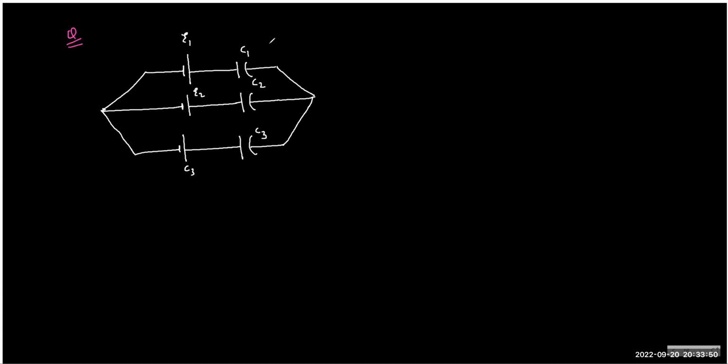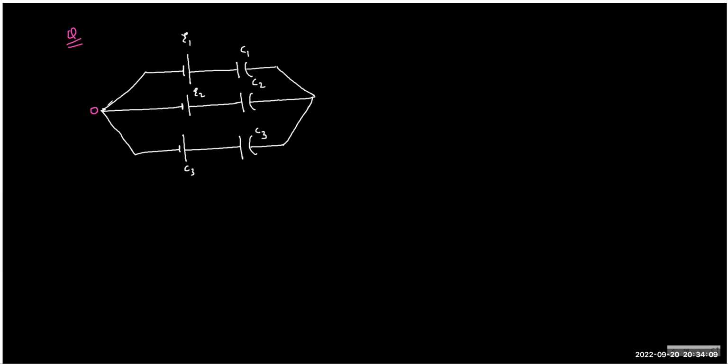So let's say I want to know the charge on each capacitor. For that, what do I need to know? First, we need to remove the battery, right? First of all, we need to assume some potential, because without a potential we cannot solve. So I will take the lower end of the battery as 0.